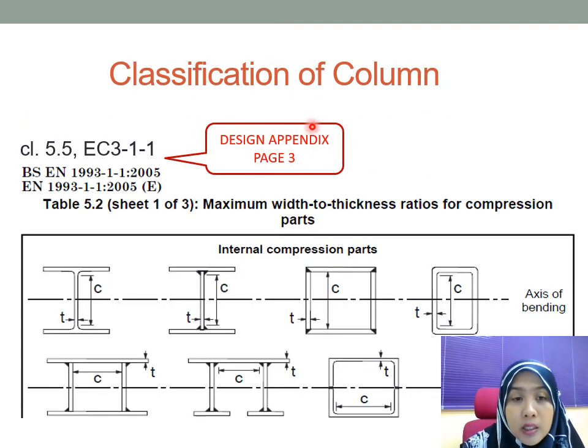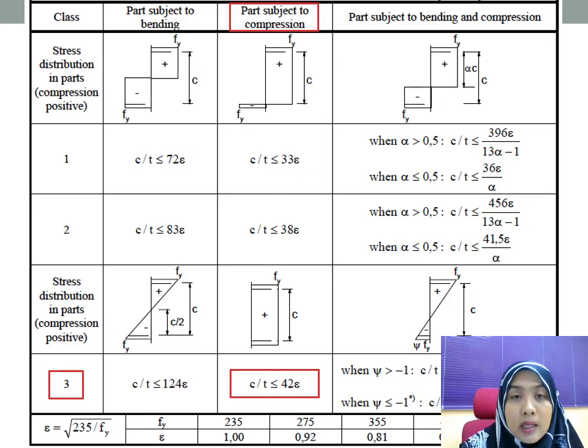For classification of the column, we use the same table as for classification of beams, which is Table 5.2. Sheet 1 of 3 is for web classification. We are going to use this shape for rolled section. Since we are designing a column subjected to compression, you have to use the equation for parts subject to compression. For the column, the ratio c over t must be less than or equal to 33 epsilon if the column is class 1.